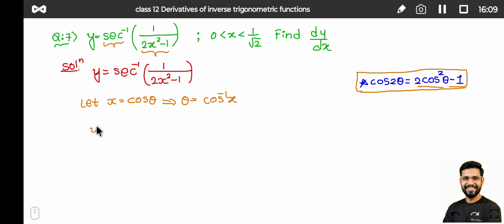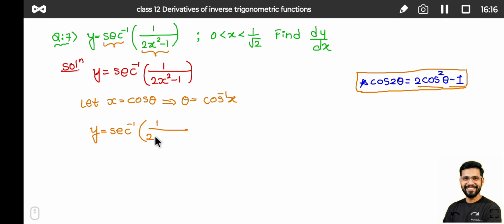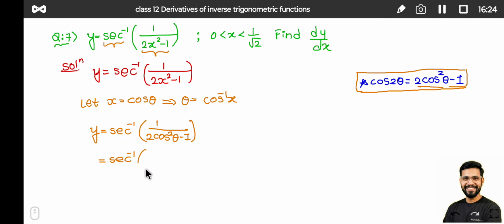If we substitute here, y is equal to sec inverse of the bracket 1 upon 2 x square, which means cos square theta, minus 1. So sec inverse as it is outside the bracket, 1 upon 2 cos square theta minus 1, which is the formula of cos 2 theta. So we'll write here cos 2 theta.